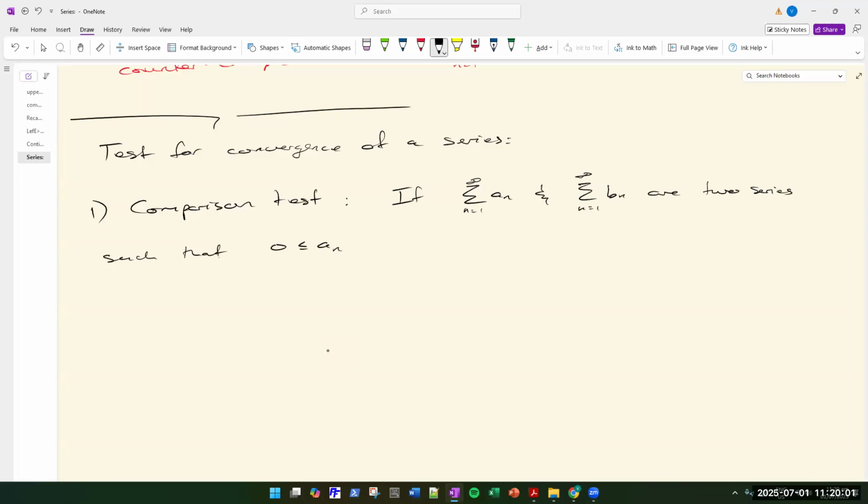So let's say the an's are less than or equal to the bn's. Of course, you could write this as strictly less than; you can write it either way and it still works. So if you have two series where the a terms are being dominated by the b terms, and the a's and the b's are non-negative, so two conditions.